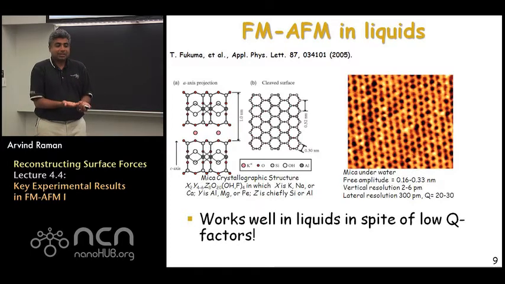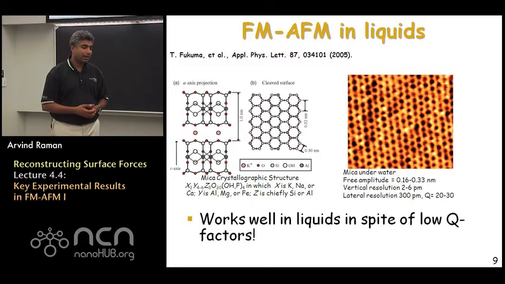And that frequency shift detection is a natural, better way for detecting forces than amplitude shifts might be. But using cantilevers in water means that the Q factors really decrease a lot, and we're going to talk about this in the last week of classes in some more detail.